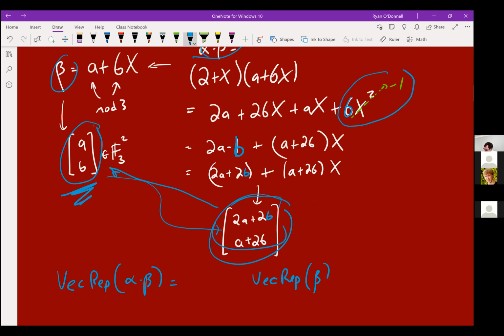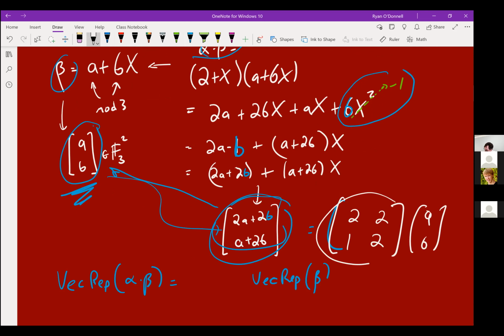Let's see if I can figure it out on the spot. A, B, I guess it's 2, 2, 1, 2, perhaps. This matrix times AB is indeed this. So we saw this 2, 2, 1, 2 when alpha happened to be, in our example, 2 plus x.